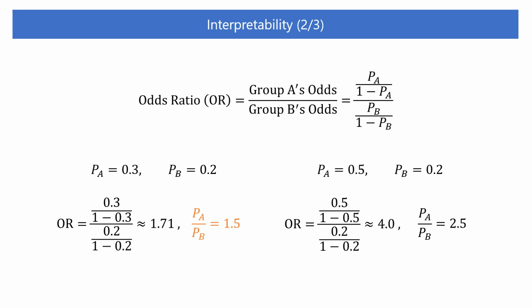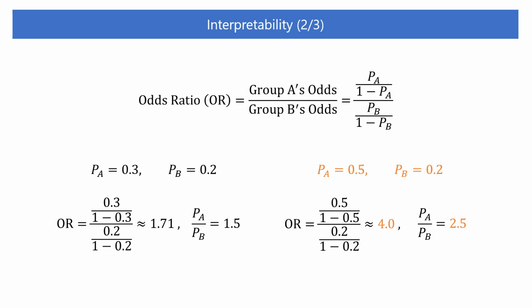Dividing the probability of occurrence between each other, 0.3 divided by 0.2 yields 1.5, which is a comparison of the ratio of cases that occur to all cases between the groups. The odds ratio, on the other hand, compares the ratio of cases that occur to cases that do not occur. Due to differences in odds between the groups being compared, odds ratios may be more sensitive than comparison between occurrence probabilities.